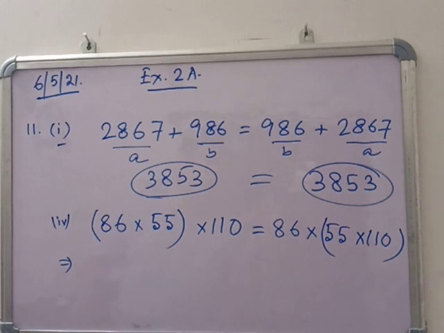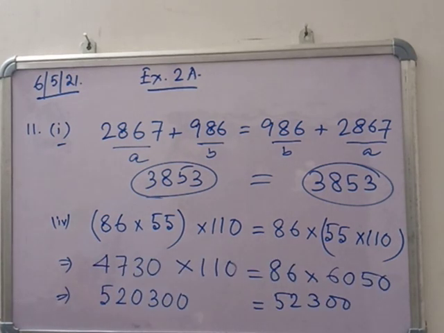Now in number 4, see that 86 into 55, that means 4730, into 110, that means 520300. And 55 into 110 is 6050. So 6050 into 86 gives 520300. That means these are equal.